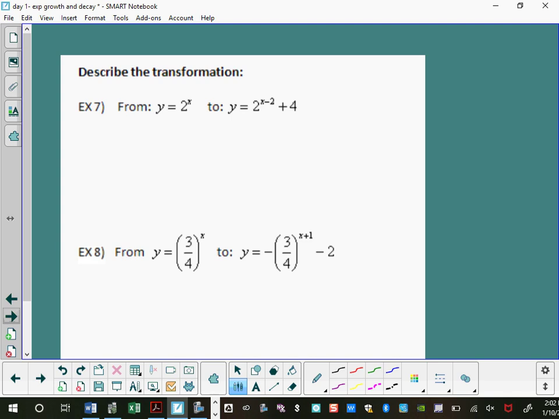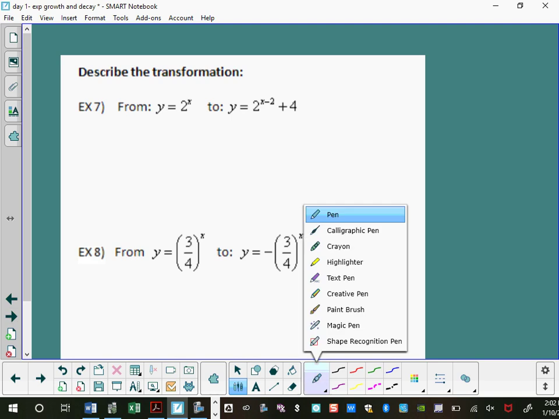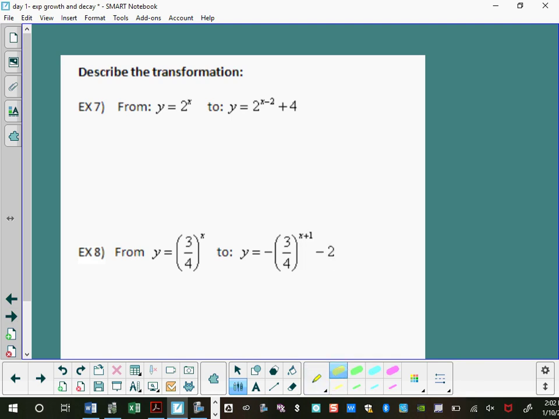It says from y equals 2 to the power of x to y equals 2 to the power of x minus 2 plus 4. What is your transformation? Well, let's see. That negative 2 is new, and this guy is new. So I have 2 transformations. What does that minus 2 tell me to do?